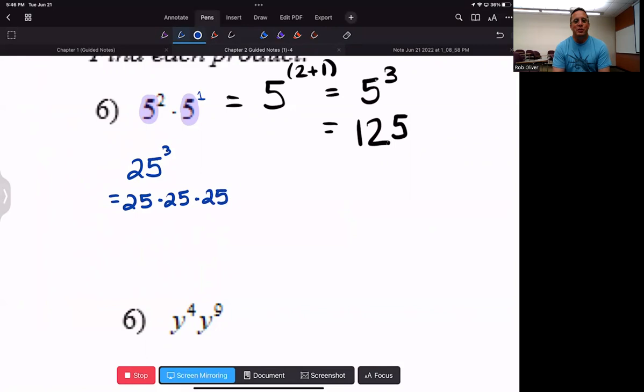And then 625 times 25, I think, is 15,625, it's one of those, in that range. So yeah, not even close to 125. So make sure, you can't do it that way. You've got to work with the exponents first. And that's the general rule for order of operations, PEMDAS, which is exponents come before multiplication for sure.